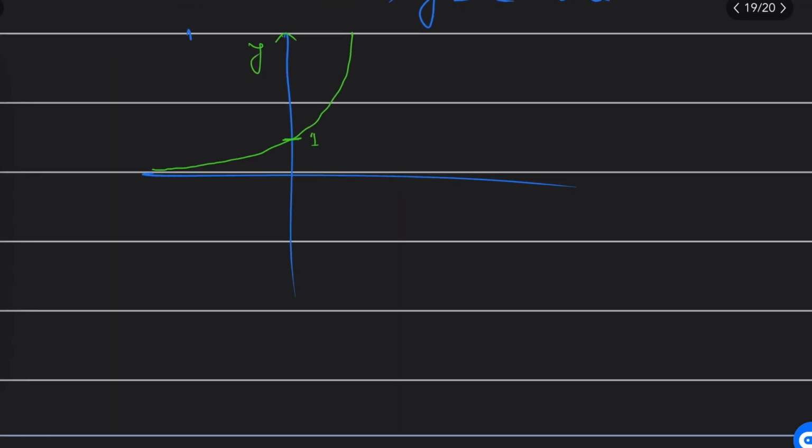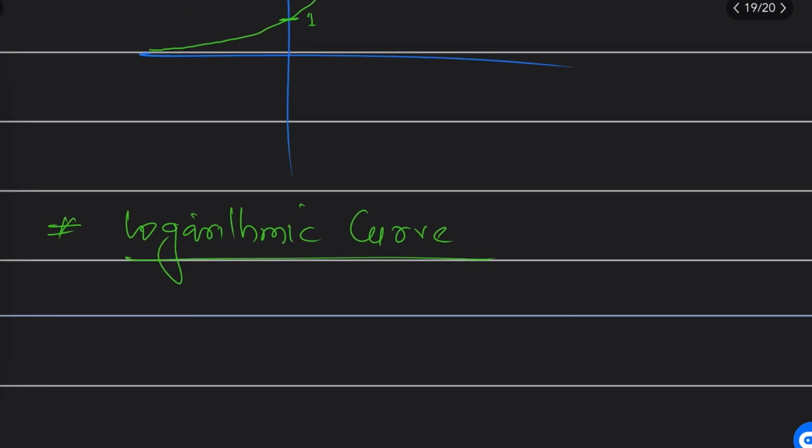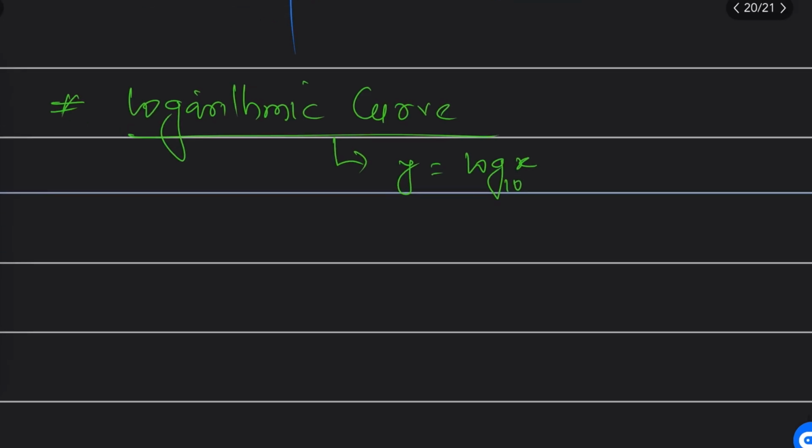Now let's talk about the logarithmic curve, the logarithmic function curve. So how will the logarithmic function look, sir? Sir, the logarithmic function is y is equal to log of x to the base 10. You can also take the base e, it's up to you.